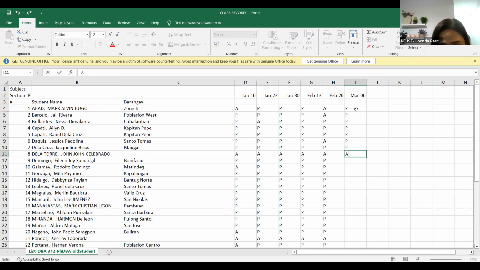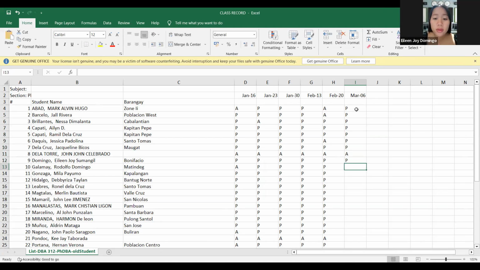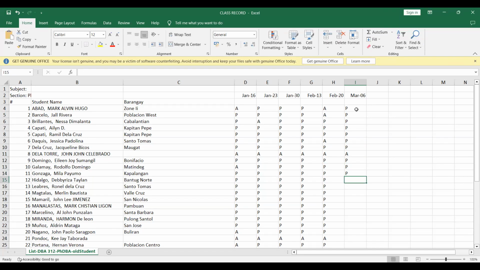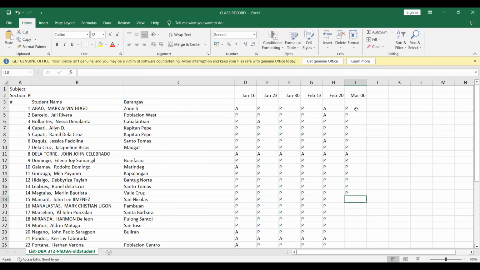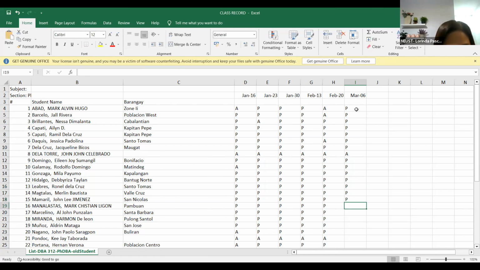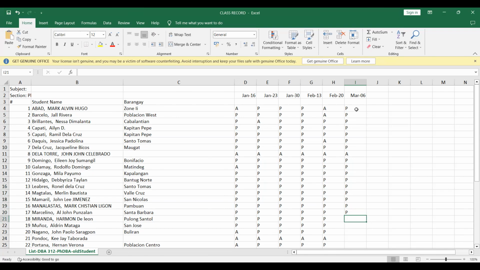None, so not there. Ma'am Eileen, present. Mr. Rodolfo, present. Ma'am Mila, present. Ma'am Deberisa, present. Mr. Ronel, present. Ma'am Merlin, present. Mr. John Lee, present. Mr. Mark Christian, present. Mr. Aljon, present. Mr. Harmon, present.